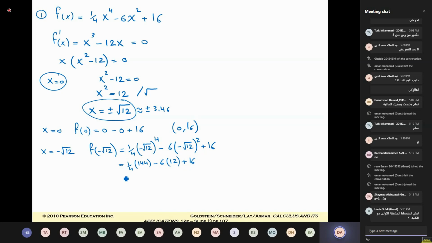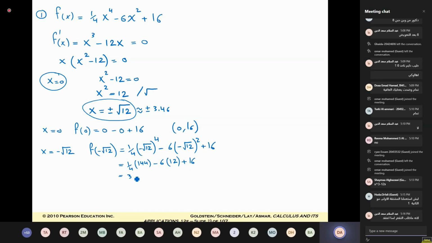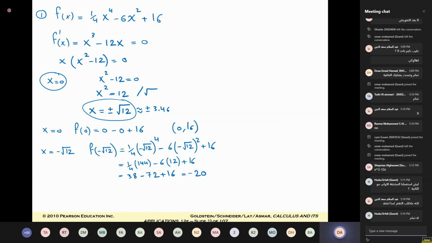So this equal 36 minus 72 plus 16. This equal negative 20. Okay. So the second point is negative radical 12 and negative 20.